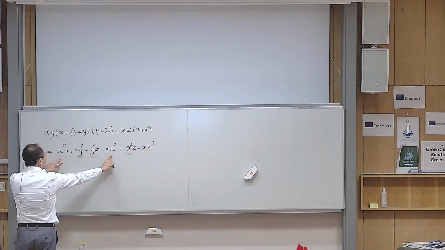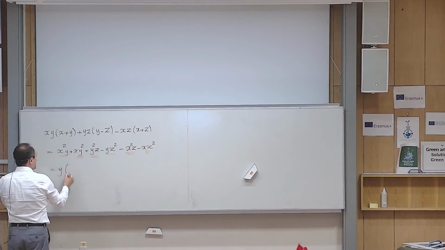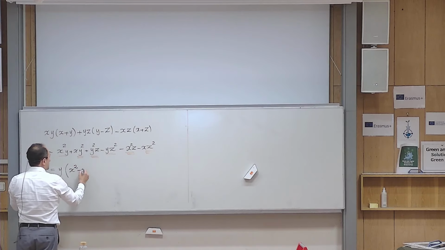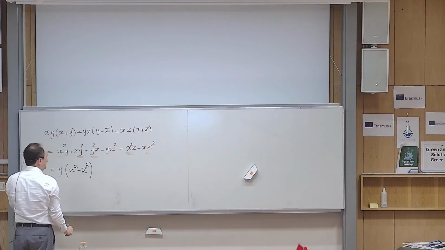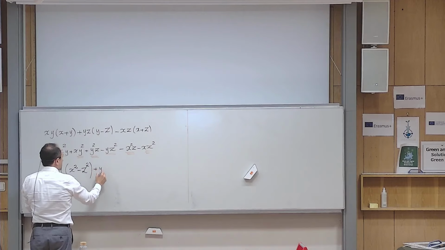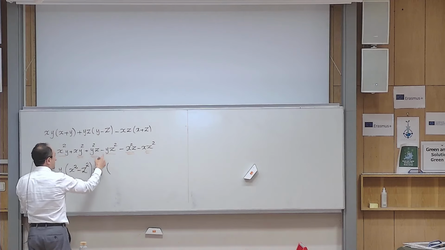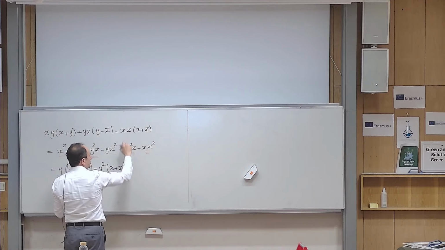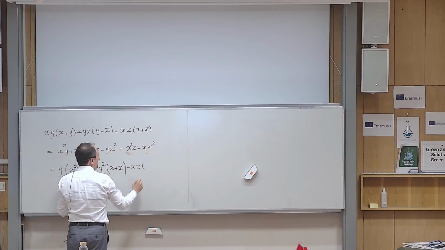We decided to factor a y out from these two, so x squared is left from here, minus z squared is left from here. And then we decided to factor y squared from here, so it becomes y squared, and then I have x plus z. But then I put it backwards, so I factor both x and z with a negative sign.